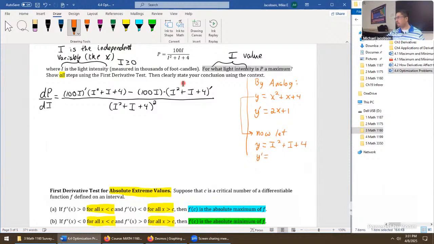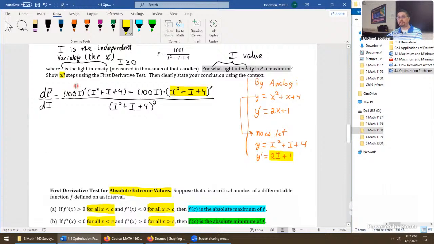Then y prime will be, by analogy, the derivative of x squared is 2x. Derivative of I squared should be 2I. Over here, derivative of x was 1. So over here, derivative of I turns into a 1 as well. And the derivative of the constant is still 0 as always. So this is what we would put in for this part right here, just a 2I plus 1.